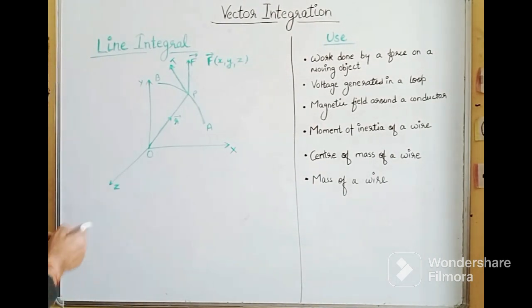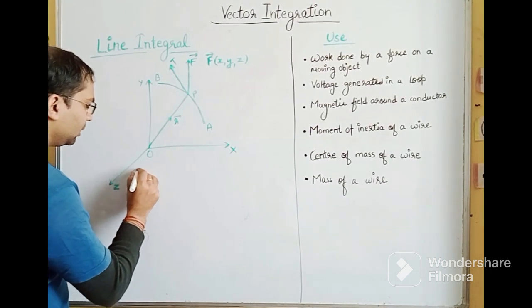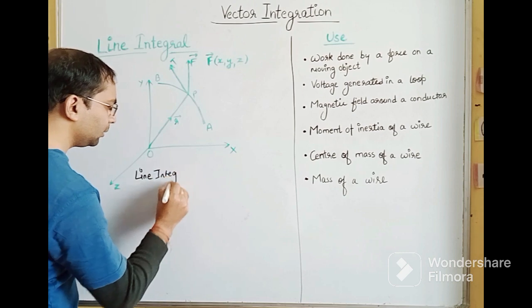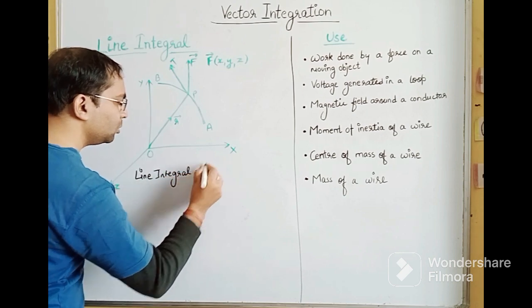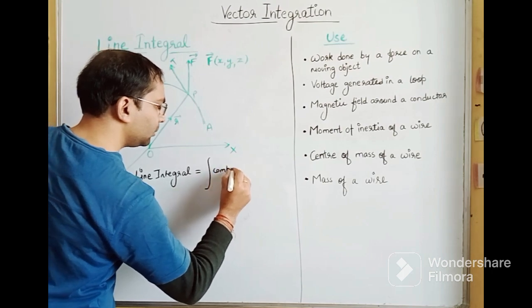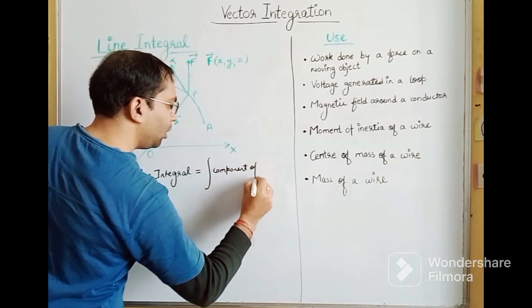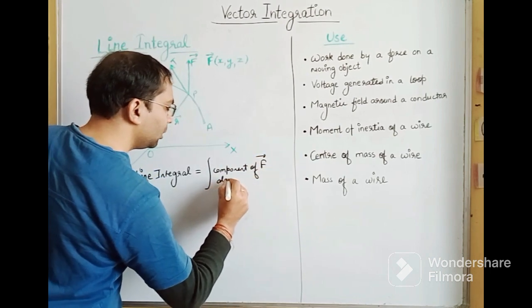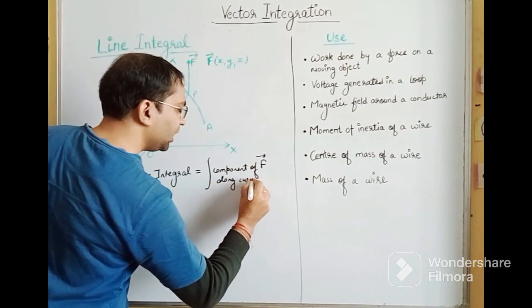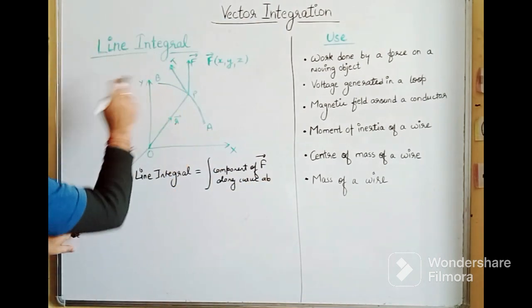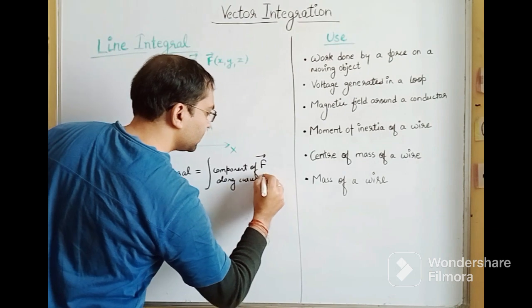So let's write: line integral is equal to the integral of the component of f, vector f, along curve AB. Okay, so this is curve AB.